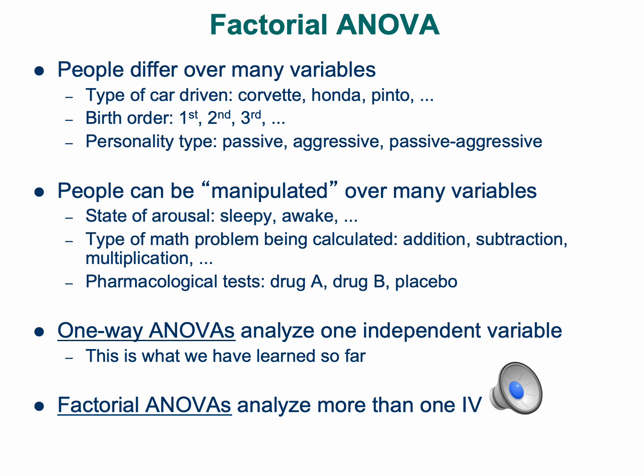Okay, well, let's take the concept of factorial ANOVA. People differ over many variables. So people can differ in the type of the car they drive, their birth order, personality types. Many variables can stratify people, can define them, occupational categories, all kinds of things. And we're used to seeing those in studies.